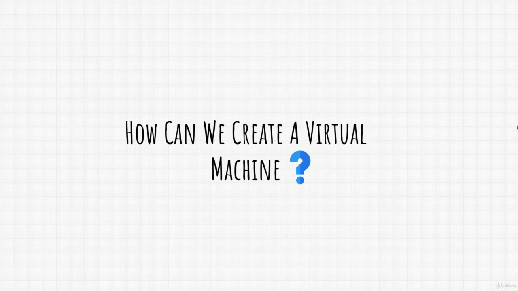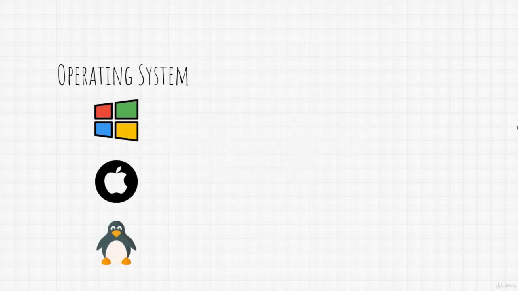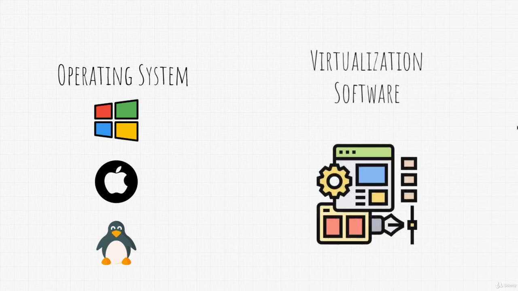Now that we know how virtual machines work, and why we are going to use one, you must be wondering, how can we create a virtual machine? Actually, it is pretty easy. All we need are 2 things. We need an operating system that we want to install in that virtual machine, and we also need something called virtualization software. Now what is that?